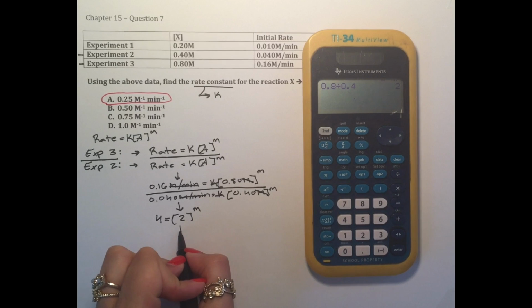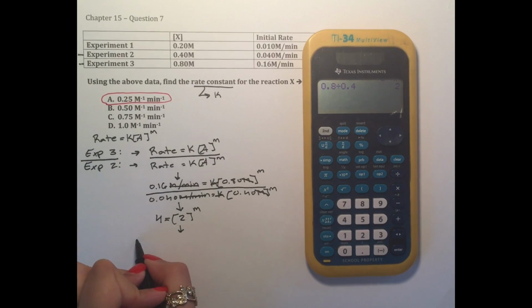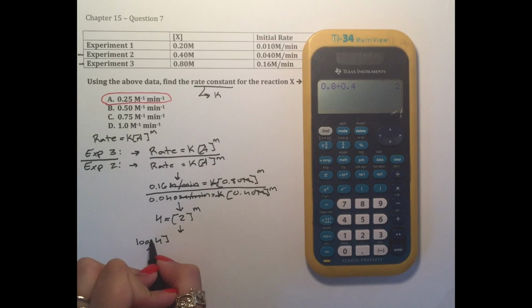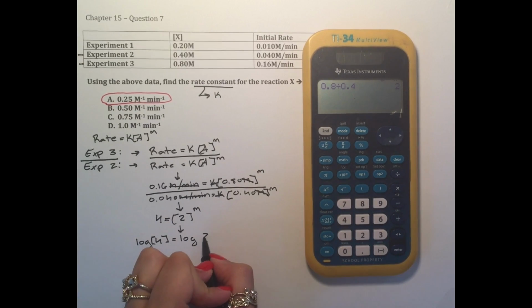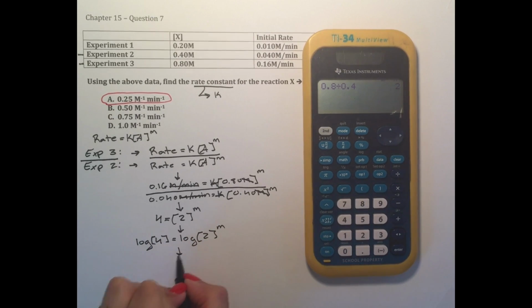Now what we need to do is solve for M. So we're going to use a logarithm. We're going to take the log of both sides. And don't get freaked out by the log. It's not as bad as it looks. I promise. So now we're going to use one of the rules of logs, which lets us take our exponent in front of the log.